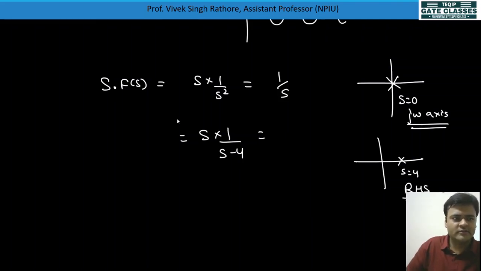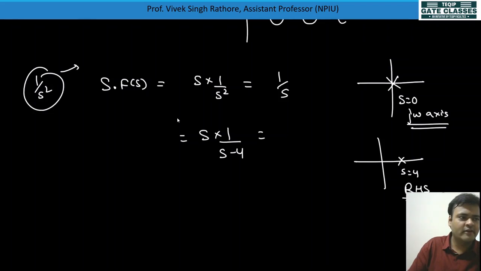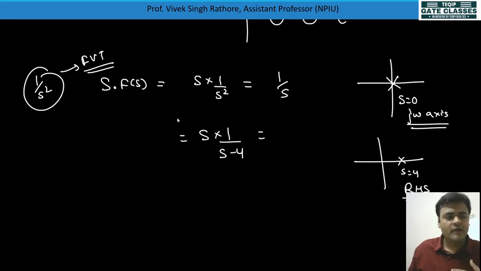So here, for 1 by s square, the final value theorem was applied. Either we were able to calculate the final value, or we were not able to calculate it, right? We were not able to calculate its final value, and we are now analyzing why we are not able to calculate it, why the value was undefined.